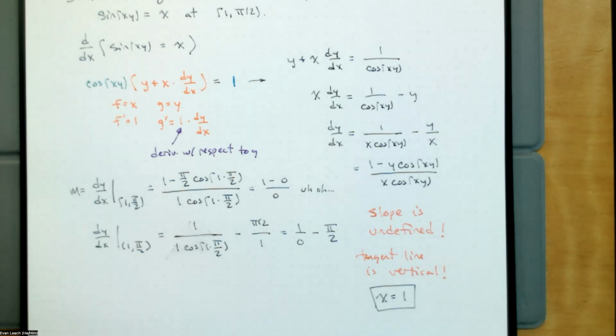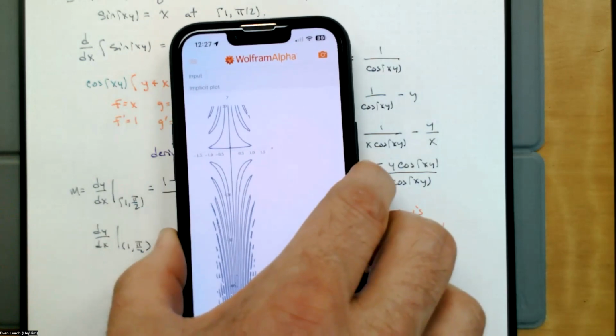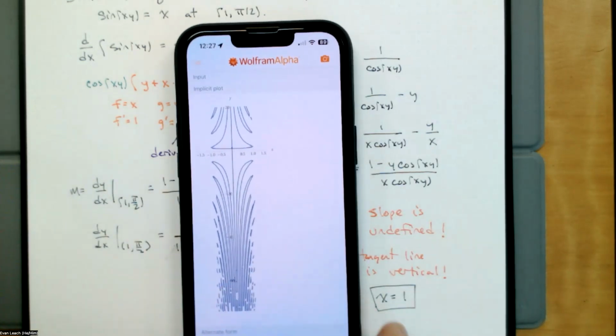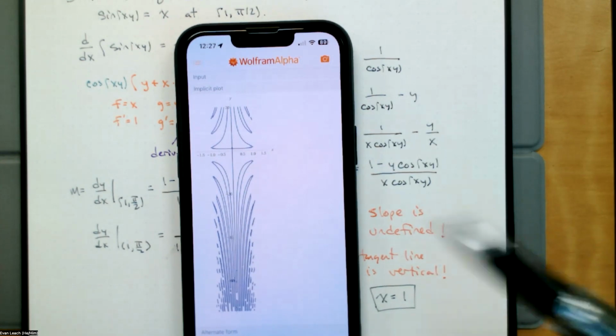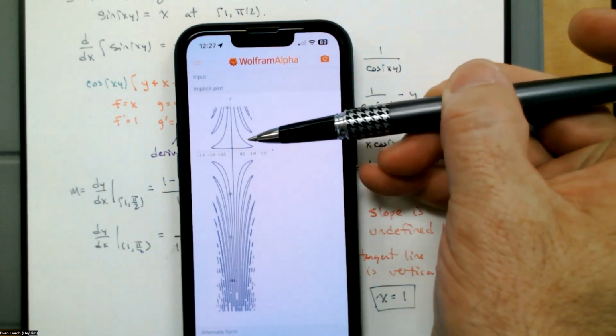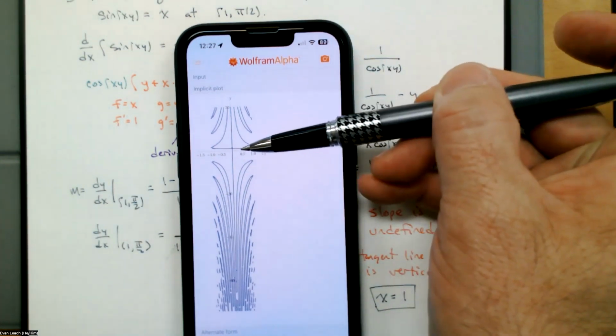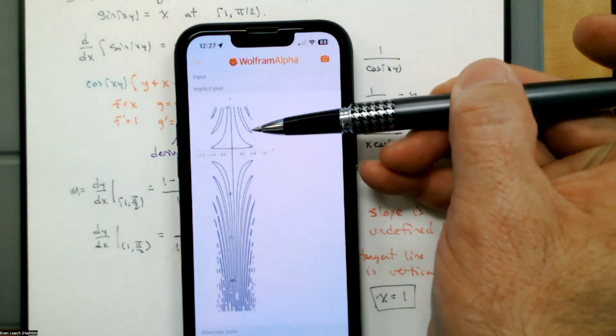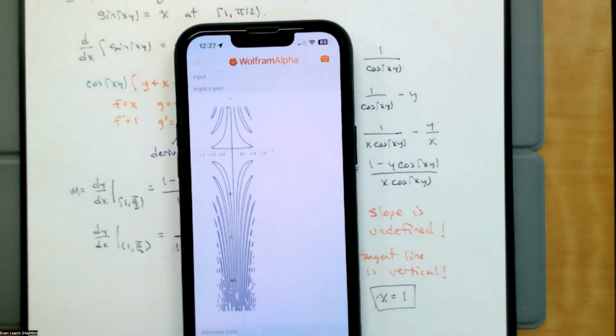So we get an excellent graph of this. We're interested in what's going on at 1, pi over 2. And 1, pi over 2 looks like it's going to be this point right here at this little bump, or maybe this one up here, or maybe this one up here. It looks like we have a lot of these points.